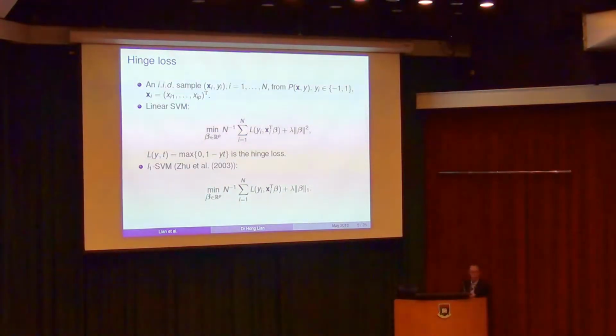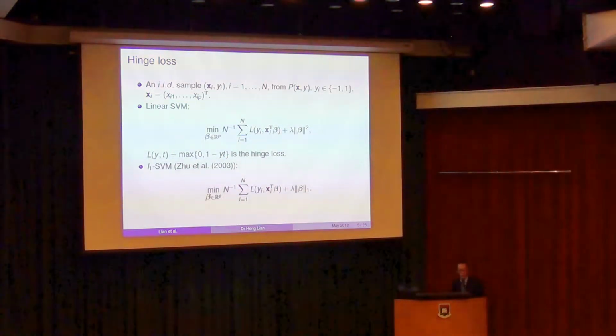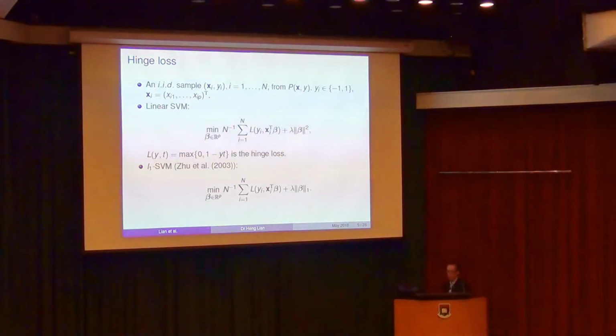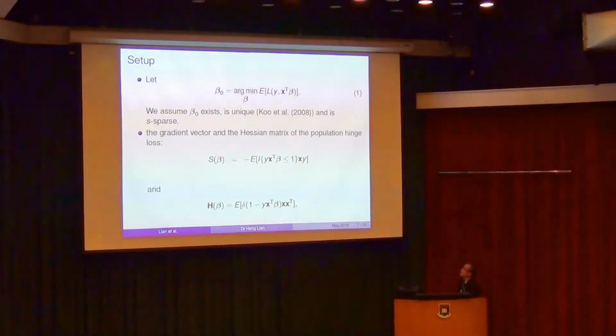First, we want to study the asymptotic property. In statistics, probably unlike other disciplines, the first thing we usually do is to study, if you minimize this, you get something called beta hat, which is an estimator of beta. And then we want to study how fast beta hat converges to the true beta.